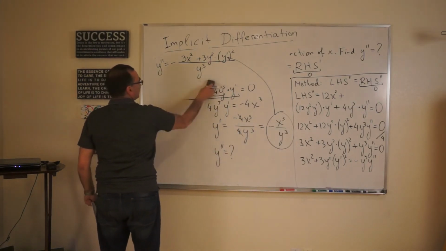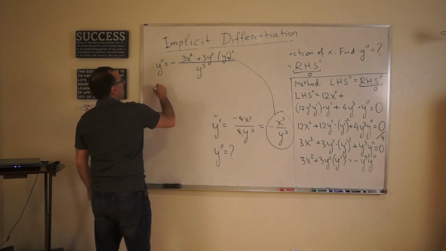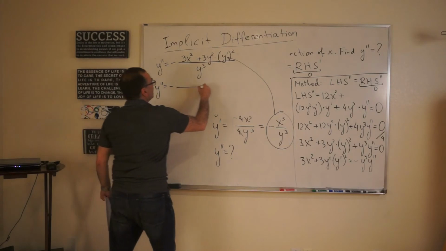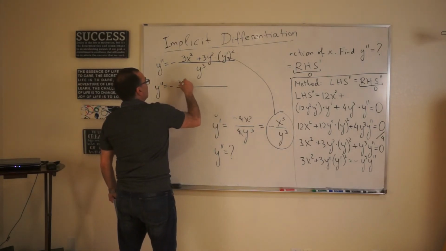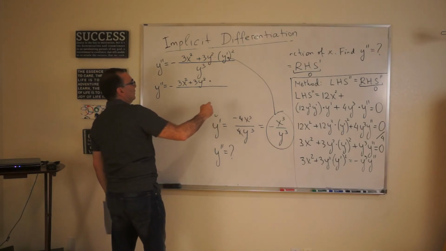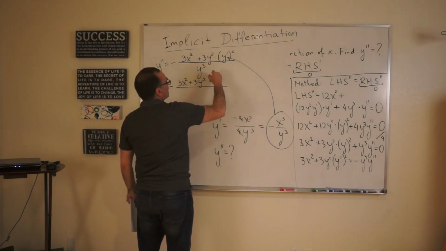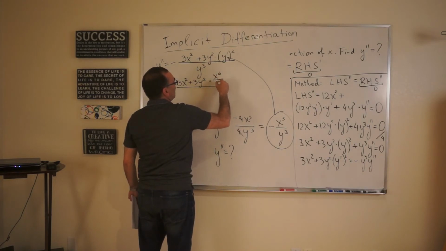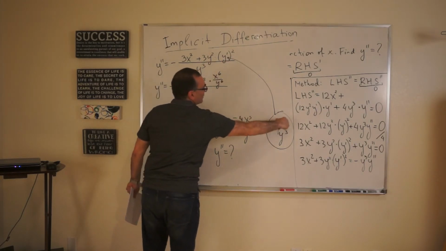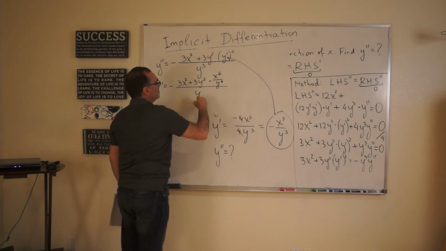So y double prime equals negative 3x squared plus 3y squared times, and now y prime squared becomes x to the power 6 divided by y to the power 6. x cubed squared is x to the 6, y cubed squared is y to the 6, all divided by y cubed.